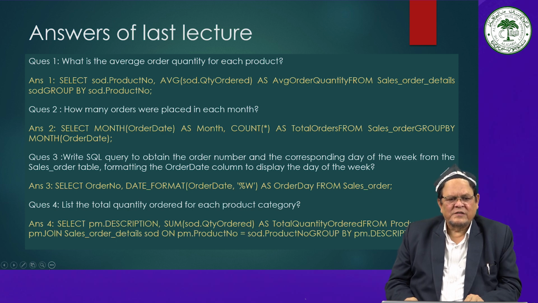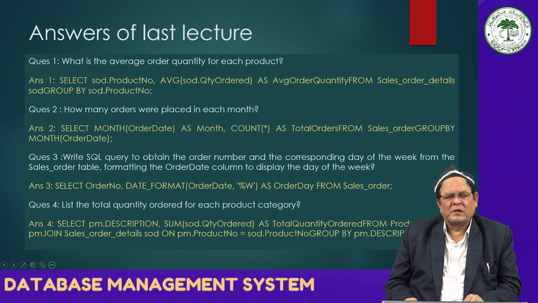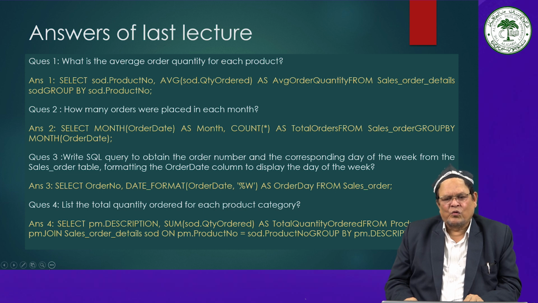The answer is: select pm.description, comma, sum, SOD.quantity ordered as total quantity ordered from product_master PM join sales order details SOD on PM.product number equals SOD.product number, group by PM.description.